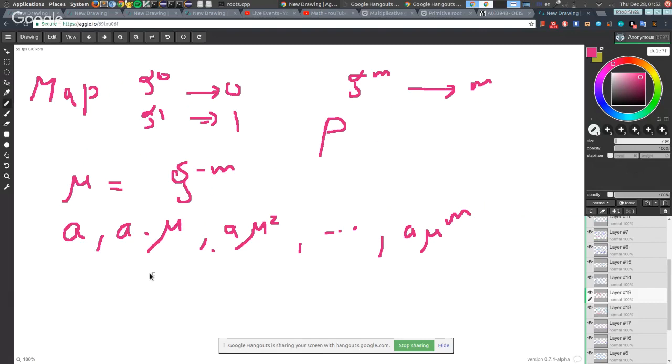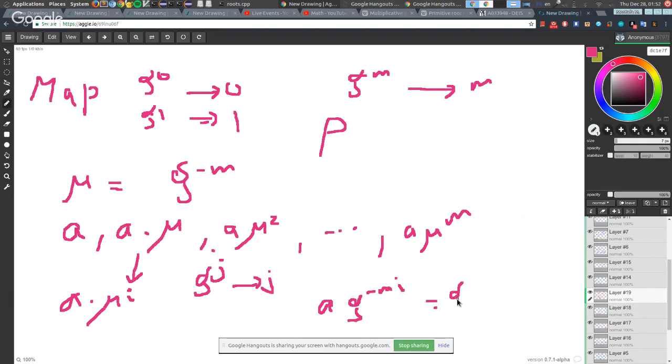We find it. So let's say we got A times mu to the power i, and this found the key g to the power j. It found this pair. So basically it means here that we have A times g to the power minus m i is equal to g power j, and then we have that A is equal to g power m i plus j.